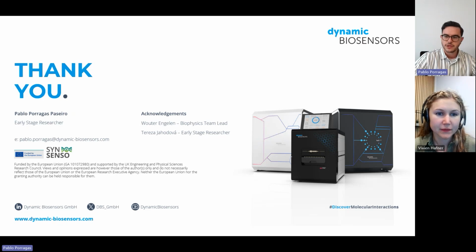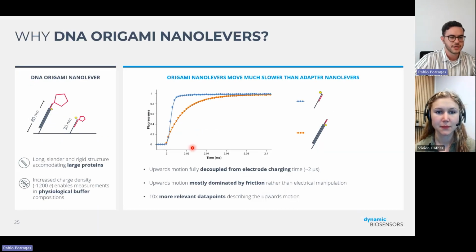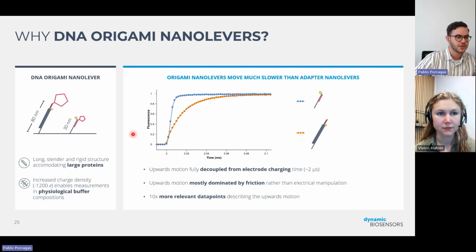Not necessarily. I'll say we haven't found the limit of detection. Of course, there probably is a limit of detection that exists, but one of the benefits of using the DNA origami nanolevers is that because they're so long, even the smallest conformational shifts in the protein on the distal end, we will be able to detect them if the conformational shift causes a change in the upwards motion of the origami.